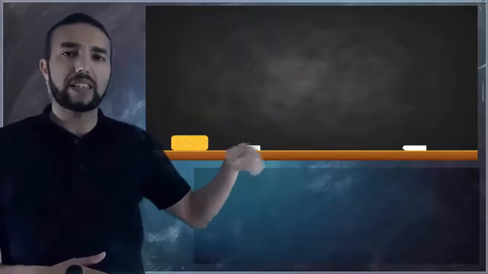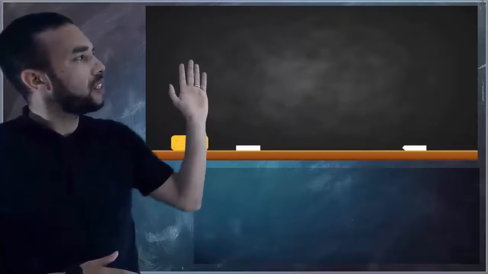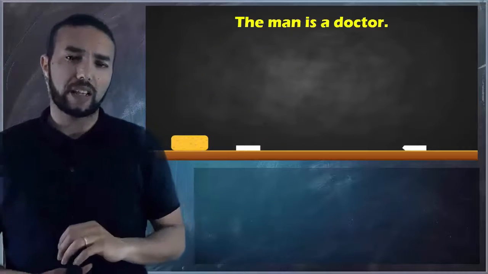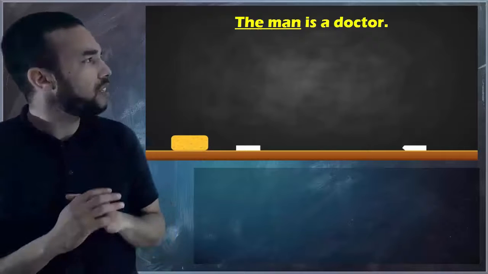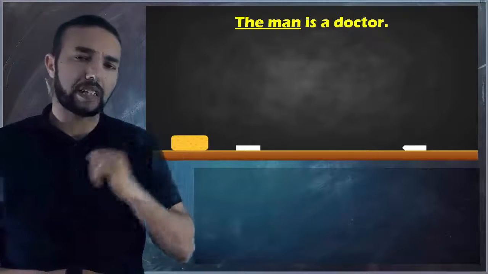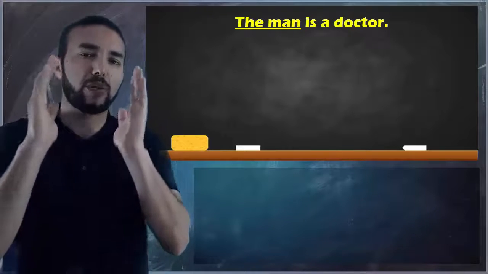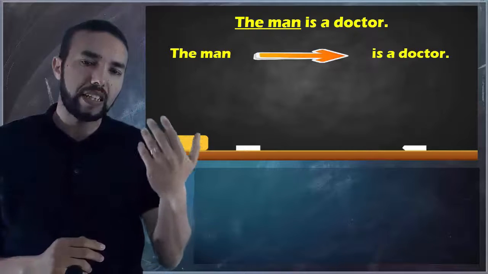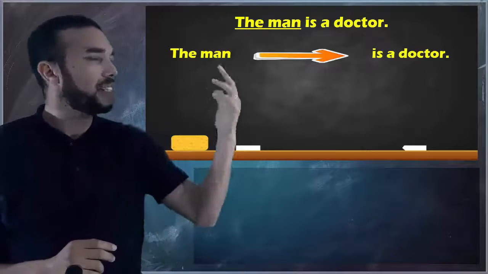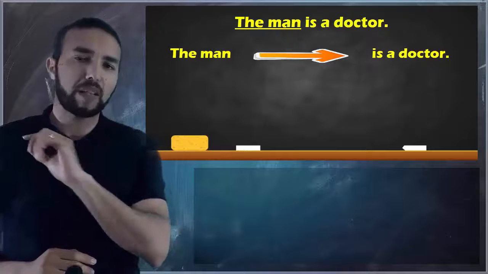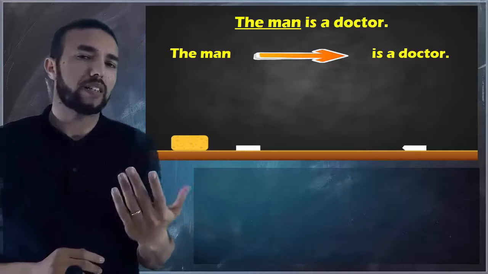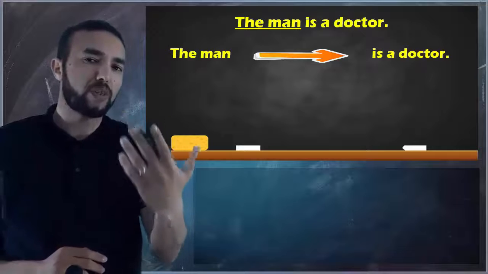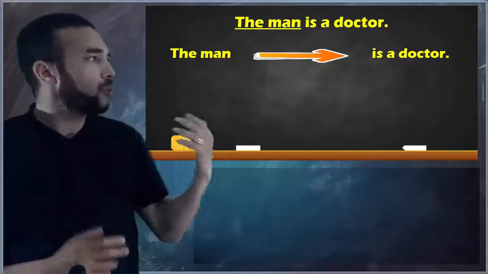I have another case. This is the second case. And you have here, for example, the man is a doctor. So the man here is at the start of the statement. Say the man is a doctor. You want to communicate that this man is a doctor. The same problem. Say, which man? It's not clear. So you have to tell us which man is meant. We don't know.